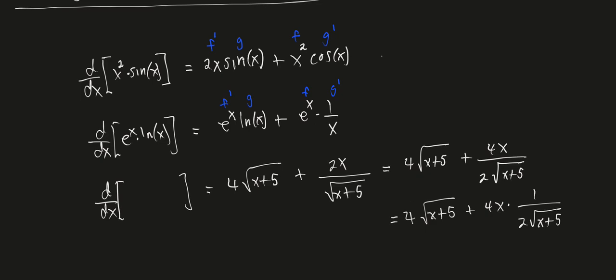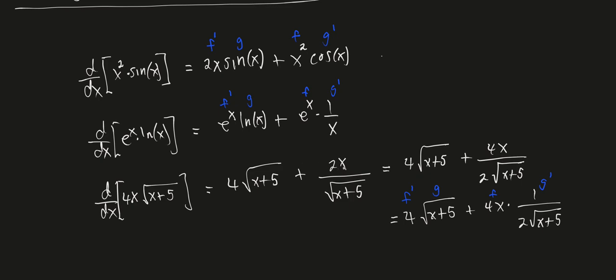But now I think we can clearly see that if I say this is my f prime, then this would have to be f. And then thinking about what happens when you differentiate a square root, we see that pattern here. So this would be my g, and this would be g prime. So I could say the derivative of my f, which is 4x, times my g, which is the square root of x plus 5, will give me this.